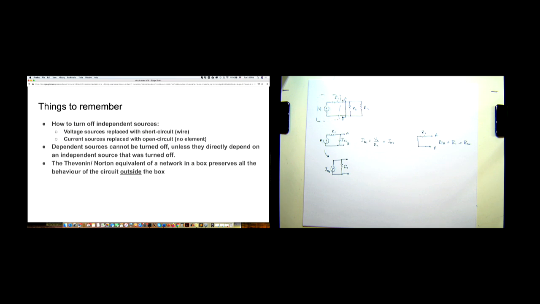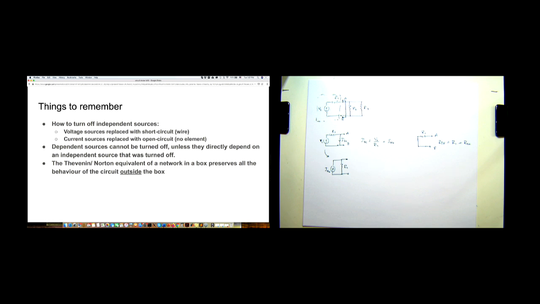Now, some things to remember when applying this technique: you should replace voltage sources with a short circuit, a wire. Replace current sources with an open circuit, so just nothing. And dependent sources cannot really be turned off, but you need to figure out if the thing they depend on is zero or not before you turn them off.